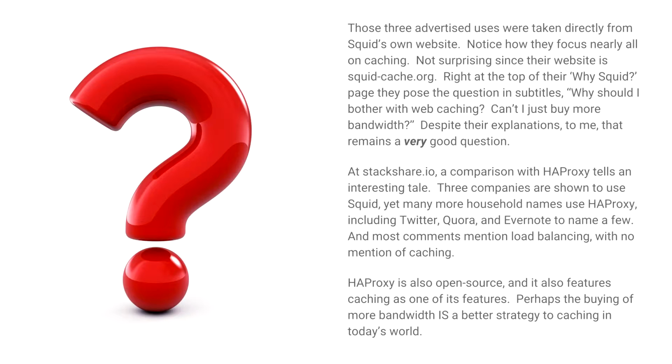I love HA Proxy. It's my load balancer. It's my load balance solution. With relatively little, and I didn't look at every single comment, but I didn't see any mention of caching. HA Proxy is also open source, and it also features caching as one of its features. Perhaps the buying of more bandwidth is a better strategy than caching in today's world.